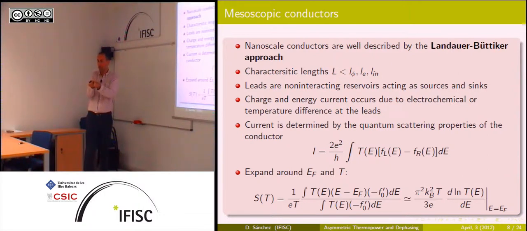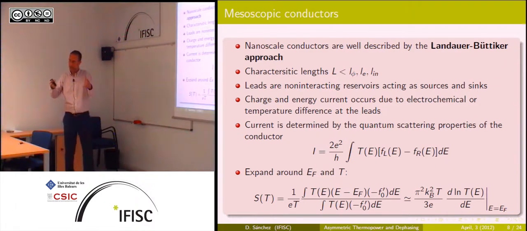You have to imagine this as just a small piece of metal which is attached to massive reservoirs. In these reservoirs, these metallic terminals, all inelastic processes, all dephasing processes take place, not in the small conductor.